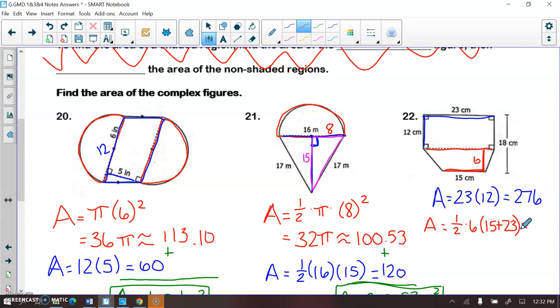So 15 plus 23 times 6 times 1/2 comes out to be 114. And then adding those two together, my area comes out to be 390 centimeters squared.